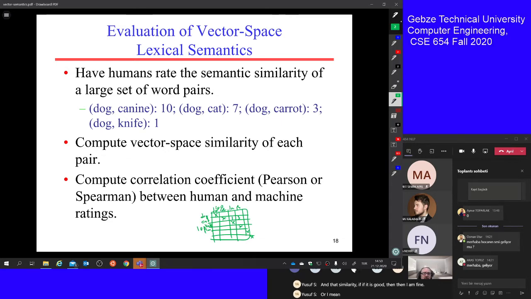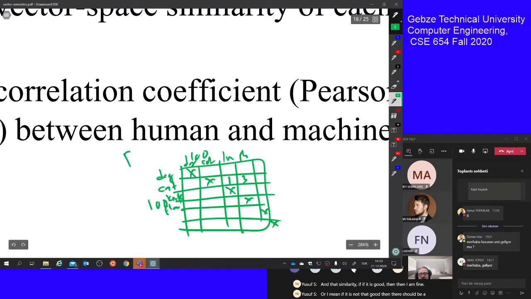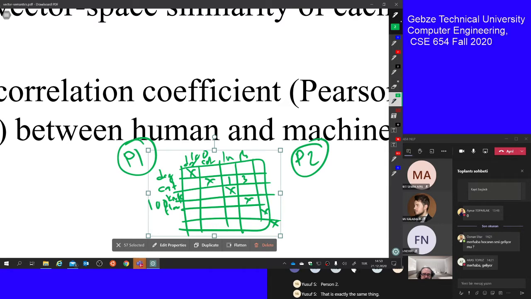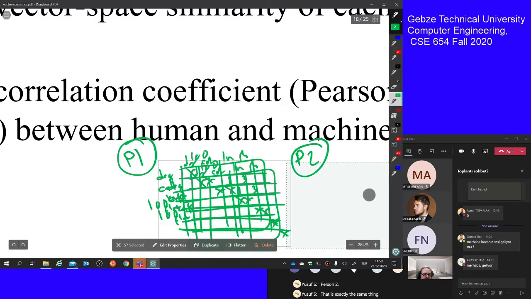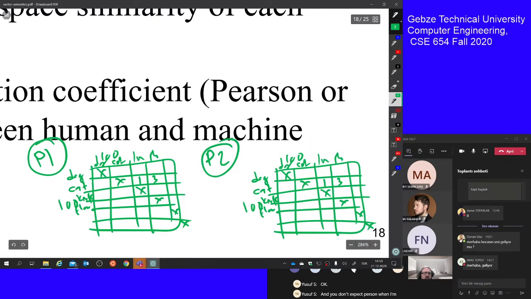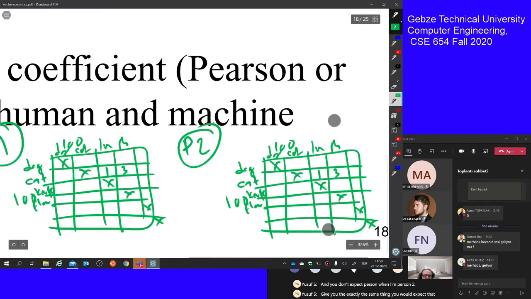Of course, let's say this is person 1 and person 2 does exactly the same thing. You don't expect person 1 and person 2 to give you exactly the same thing. You would expect that they will be slightly different, right? For example, this 3 is going to be 5 here, this 6 is going to be maybe 7 there, and this 10 is going to be maybe 8.